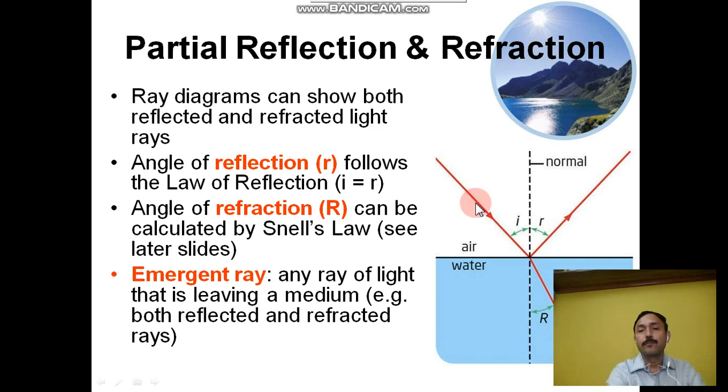So this is the diagrammatic representation of partial reflection and partial refraction. Some part of light will be reflected and some part will be refracted. This light will follow the laws of reflection and this light will follow the laws of refraction.